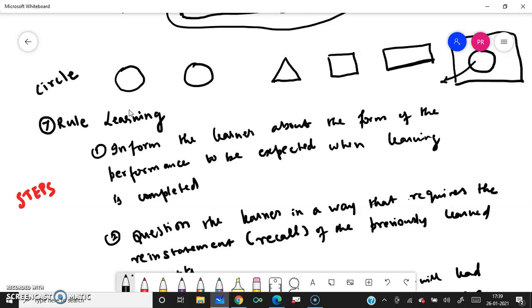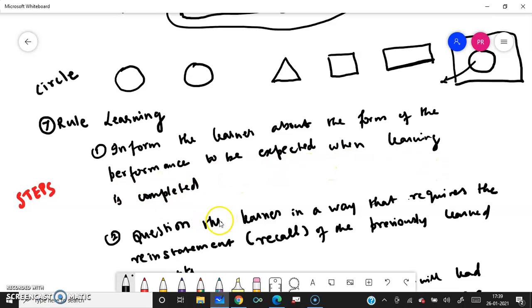In his book, Robert Gagne's The Conditions of Learning, he has given 5 sequential steps, an instructional sequence. Step 1: inform the learner about the form of performance to be expected when learning is completed.